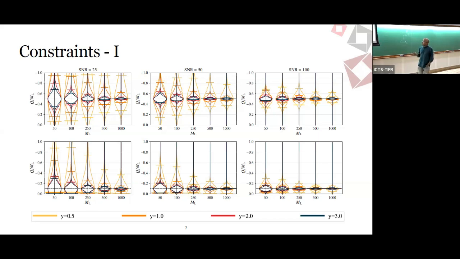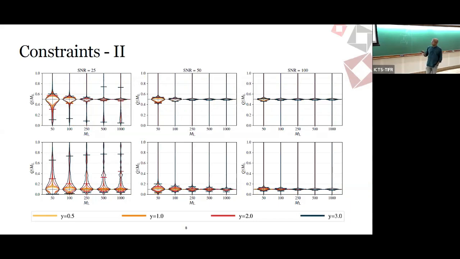Here I'm showing you two results, for a true value of minus 0.5 and a true value of minus 0.1. Here my prior range is on the negative side of Q, which is basically saying that Q is from some modified theory of gravity, or sorry, from some extra dimensions.